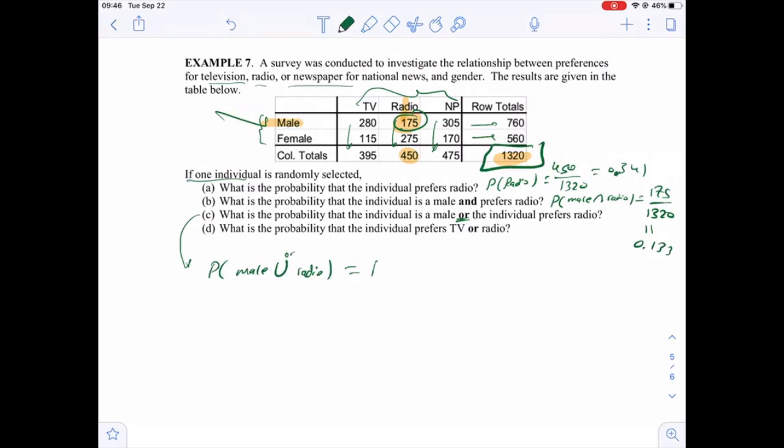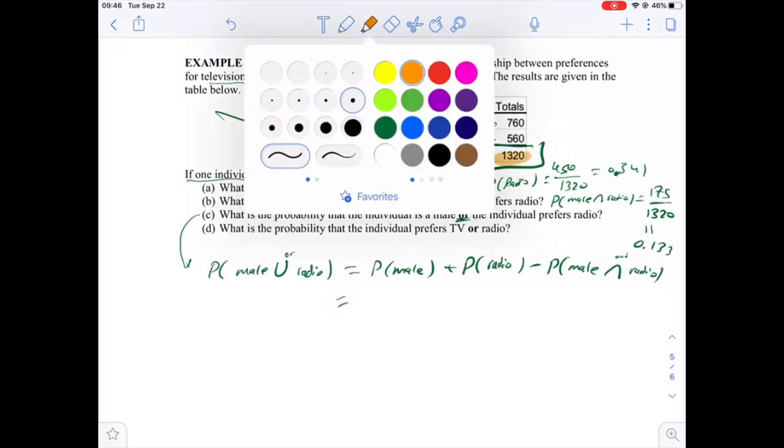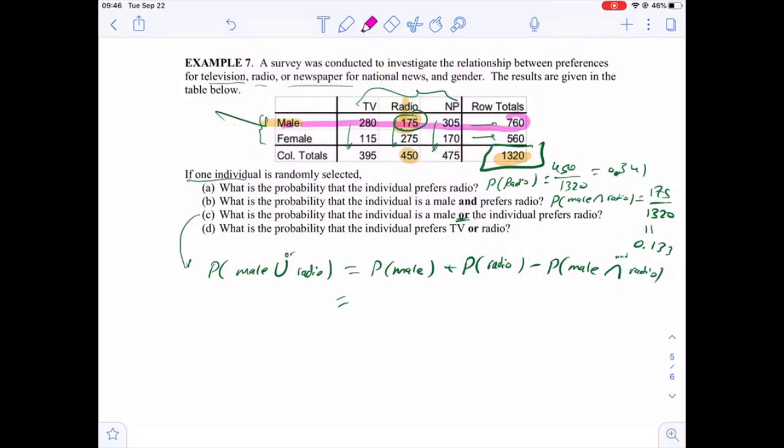This is or. Okay, so in this case we apply the addition rule. Probability of male plus probability of a person who prefers radio minus probability of male and prefers radio. So what is the probability of getting a male? How many males are there? We have 760 over 1320 plus.